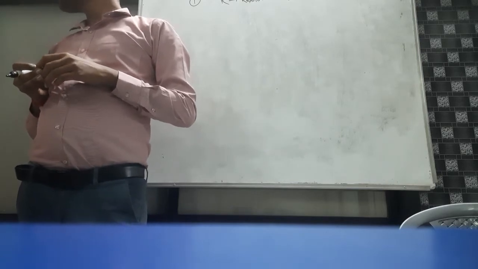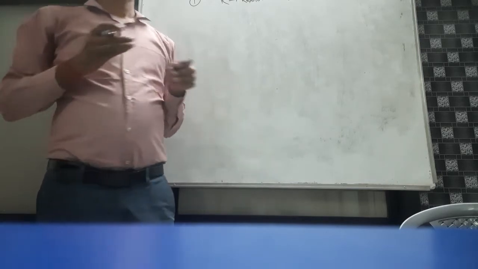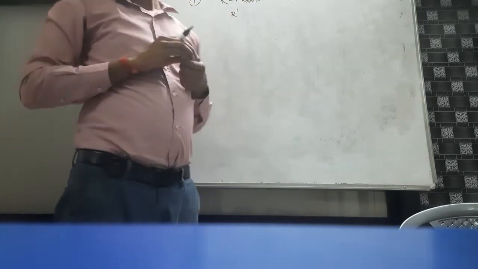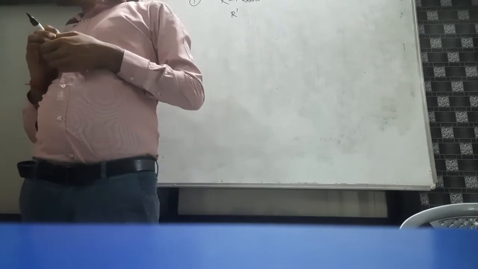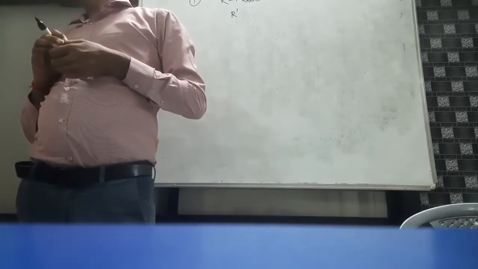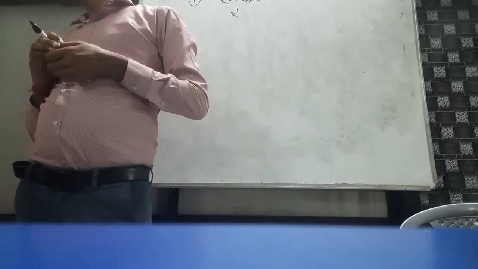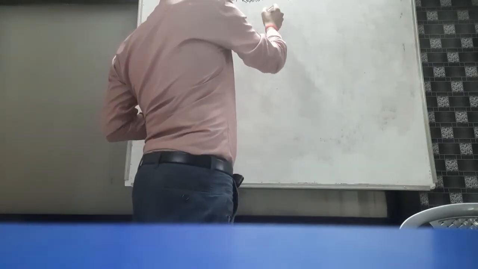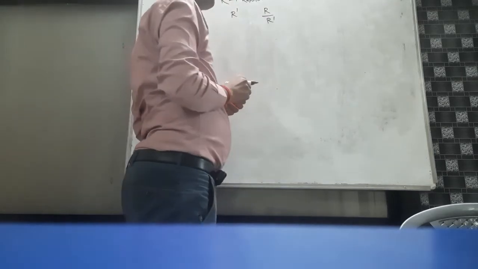If the equivalent resistance of this combination is R dash, then you have to find R over R dash.